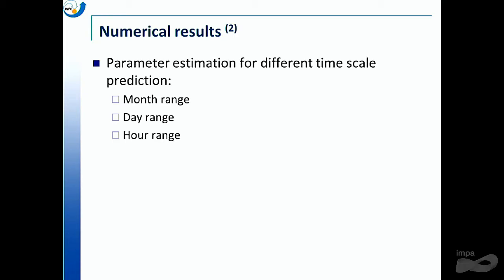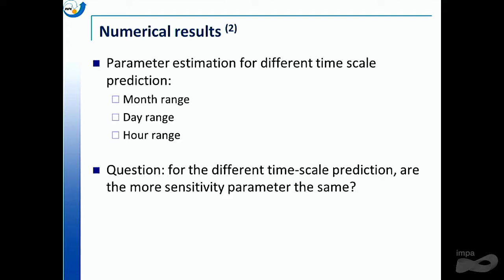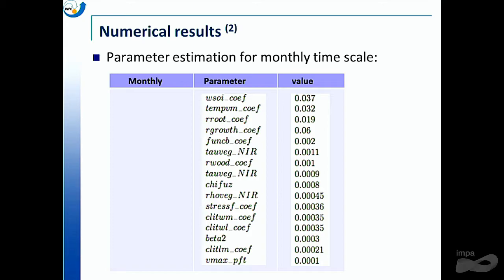But as I said, the parameter estimation is going to change if you change your time scale for forecasting. In particular, I'm going to show you some results when you're dealing with month range, day range, and hour range. The question is, for different time scale prediction, are the most sensitive parameters the same or not? Actually, they change.